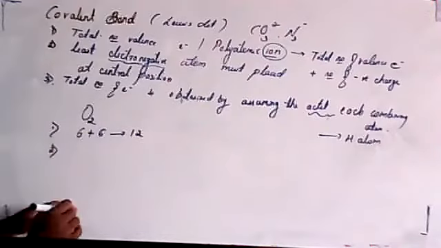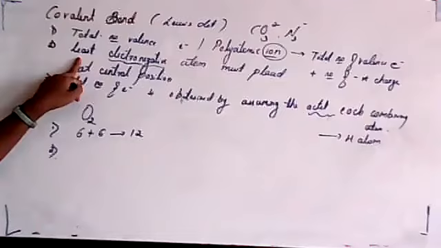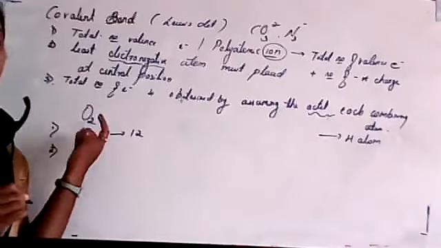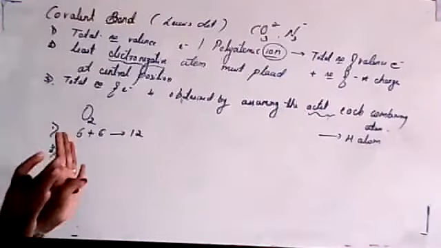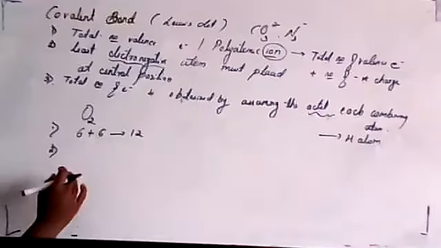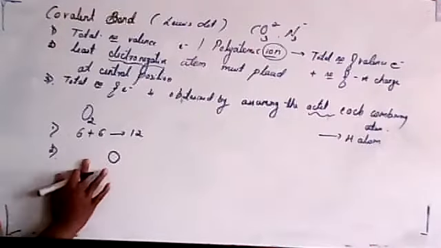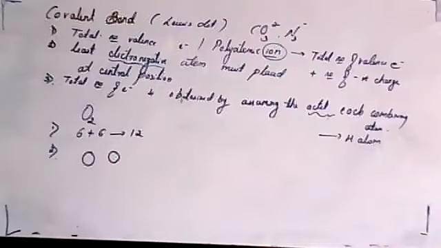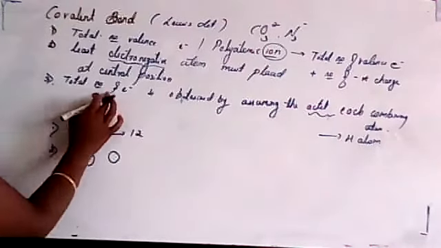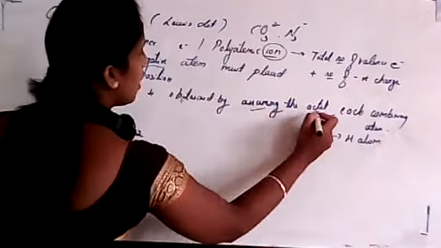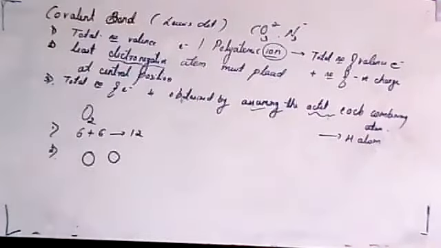Second step. Here, you must select the least electronegative atom, but here 2 oxygen atoms were there, so there is no least electronegative atom. Clear? So its skeleton will be like this only. That means 2 oxygens were placed linearly. Next, third one. The total number of electrons is shared to assume an octet for each combining atom.